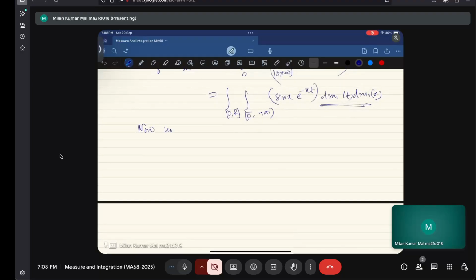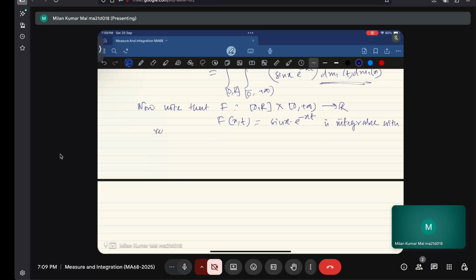Now note that the function f from 0 to r cross 0 to plus infinity to the real numbers, given by f of x and t equals sin x e to the power minus xt, is integrable with respect to the product measure m1 cross m1.